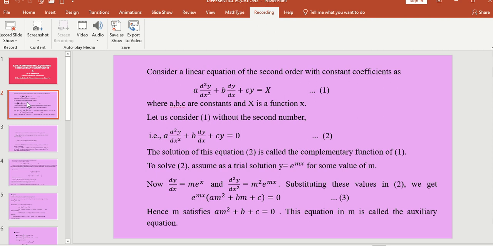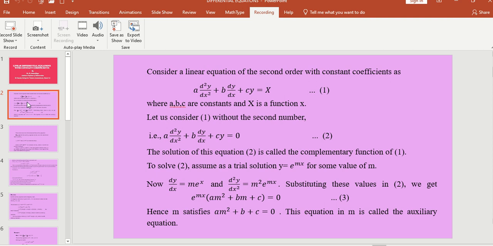To solve 2, assume a trial solution y equal to e power mx for some value of m. Now we take dy by dx equal to m into e power mx and d square y by dx square is m square into e power mx. Substituting these values in equation 2, we get e power mx into a m square plus bm plus c equal to 0.